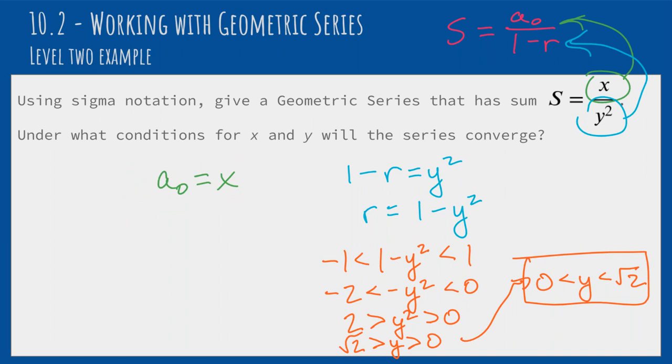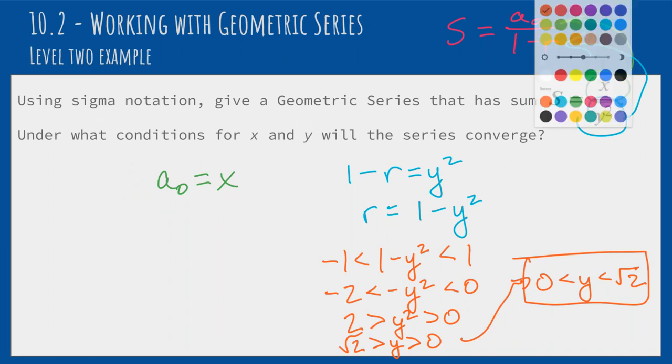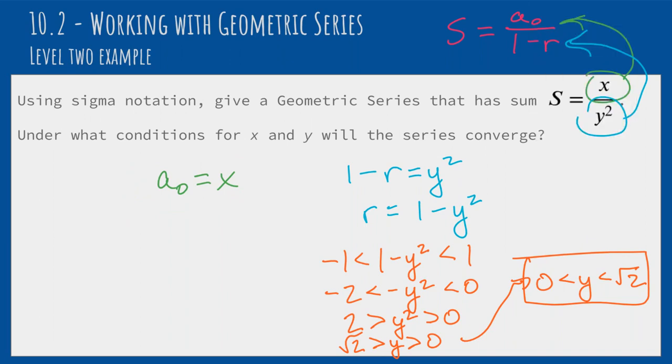Now, I skipped to the conditions part, but we do need to write our answer for the geometric series in sigma notation. So I'm going to start at 0. We're going to go to infinity. And the standard form here, we can just say x times the common ratio. So first term is x. Common ratio is 1 minus y squared.